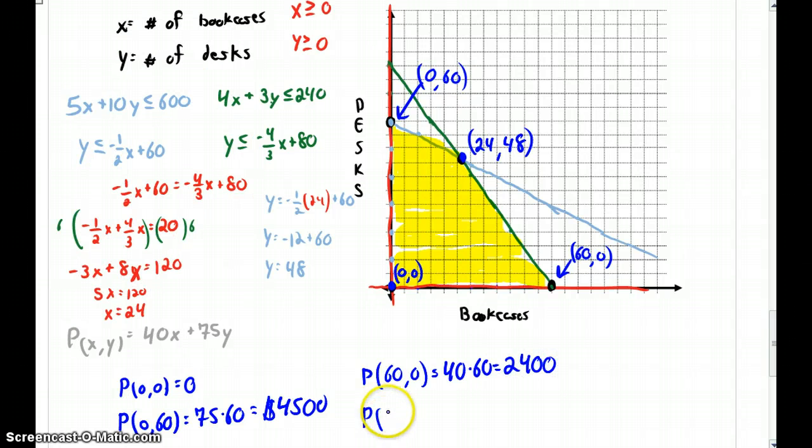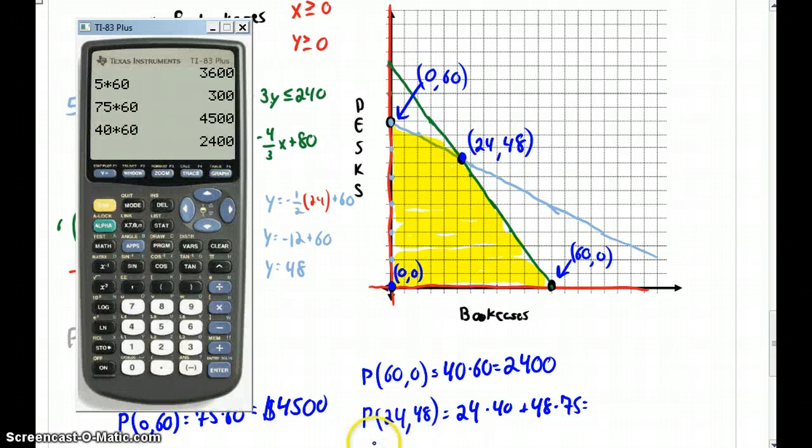And the profit for 24 bookcases and 48 desks is 24 times 40 plus 48 times 75, which gets you a total of $4,560.